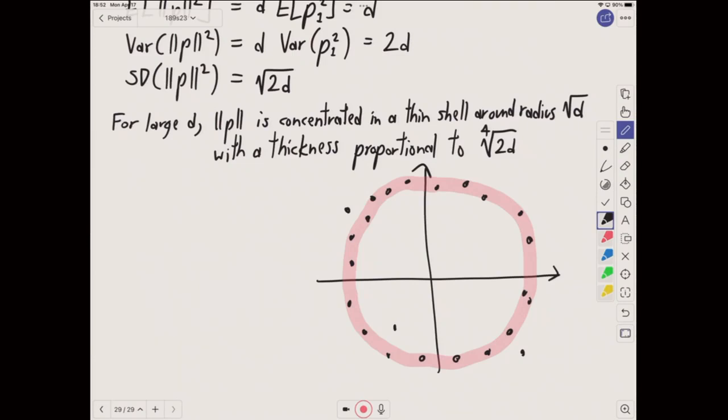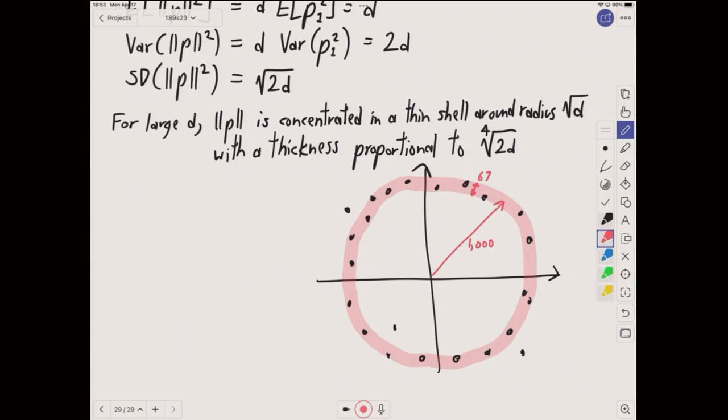For instance, suppose that we're working in million-dimensional space. So d is equal to 1,000,000. Then imagine a million-dimensional egg whose radius is about 1,000, because the radius is about square root of d. And the thickness of the shell is about 67. So again, I'm saying that the radius is about 1,000 for this million-dimensional case, and the thickness of the shell is about 67.